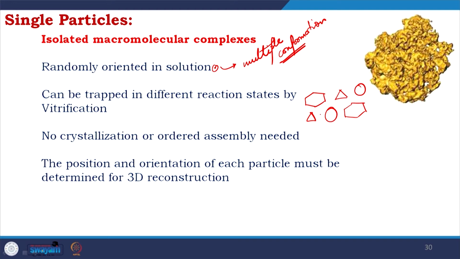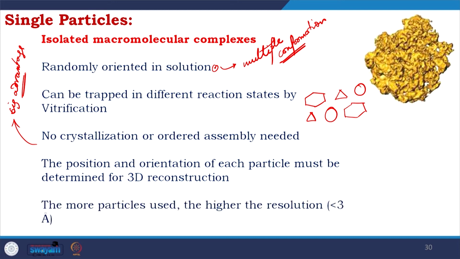No crystallization or ordered assembly is needed, which is a big advantage as we typically talk in X-ray crystallography. The position and orientation of each particle must be determined for 3D reconstruction. The more particles used, the higher the resolution.